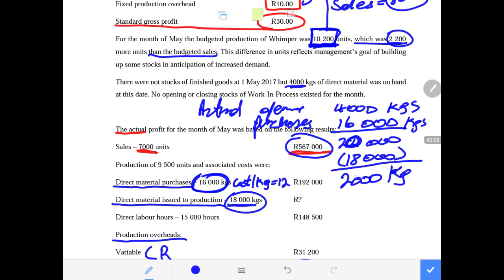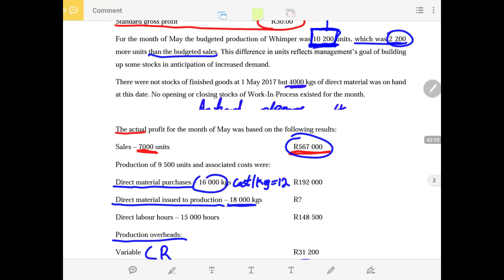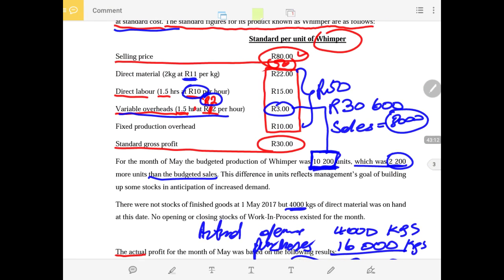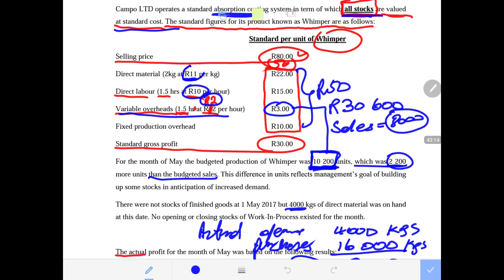And remember, this inventory is valued at standard cost. And our standard cost of material is 11 rand. Remember, this is only for material. We don't take now the 50 rand because we're only dealing with the material, not the cost of the completed unit.